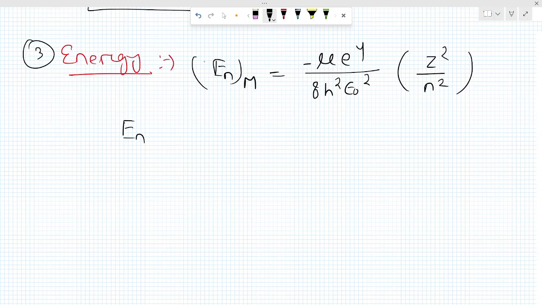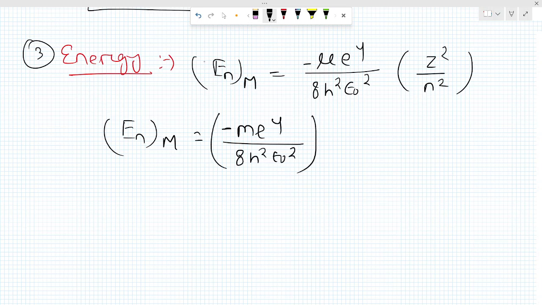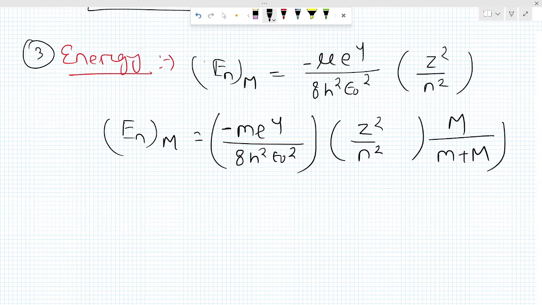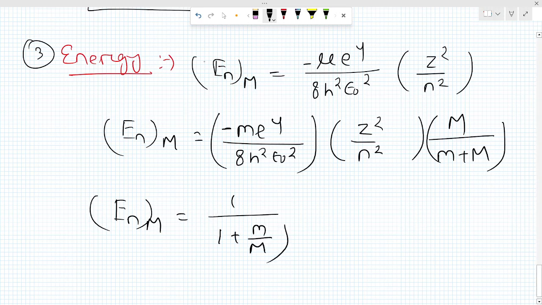So what will it become? E_n for capital M will become minus m e^4 upon 8 h square epsilon naught square, z square upon n square, into capital M upon small m plus capital M. So what will it become? E_n for capital M will become 1 by 1 plus small m upon capital M.